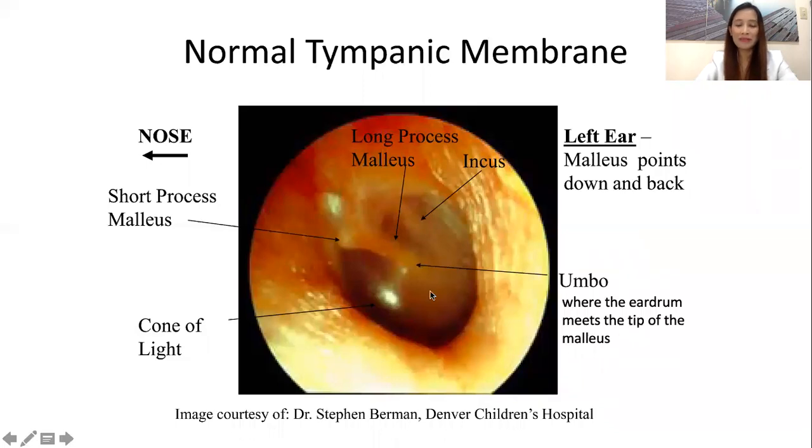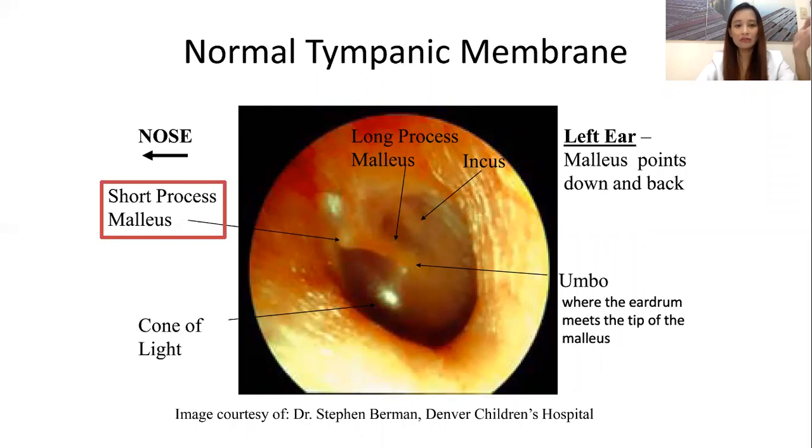You can actually see some of the auditory ossicles, particularly your malleus, with a normal tympanic membrane, if the patient doesn't have any earwax or any obstruction in the ear canal.